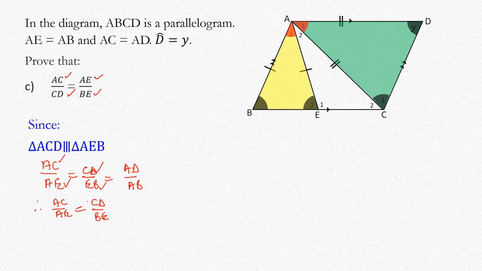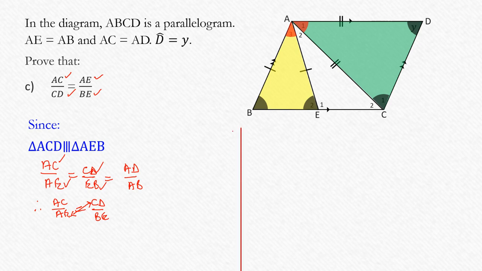Right, and then now, if you check here, we have AC over CD and then AE over BE. So we can interchange CD and AE there. That's a cross multiplication technique that we can use.